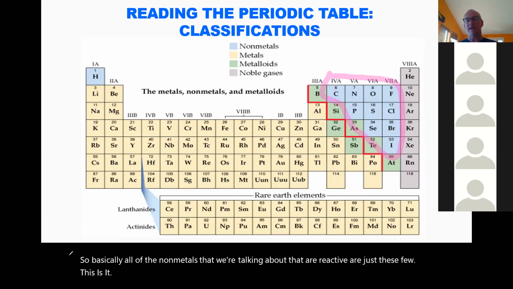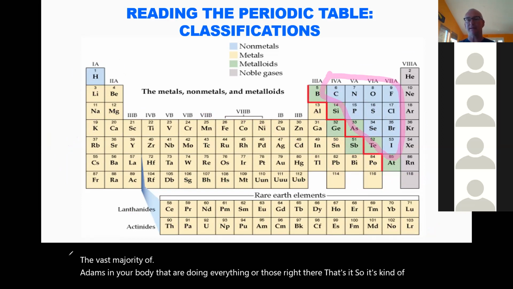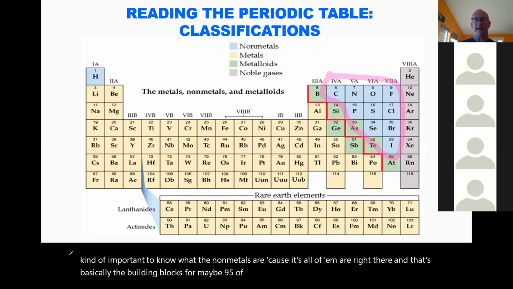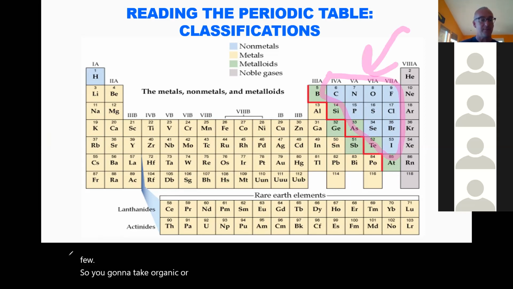The vast majority of atoms in your body that are doing everything are those right there. That's it. So it's kind of important to know what the nonmetals are, because that's all of them right there. And that's basically the building blocks for maybe 95% of the molecules in your body. So just those few. If you're going to take organic or biochemistry, you're going to be spending a lot of time working on those.